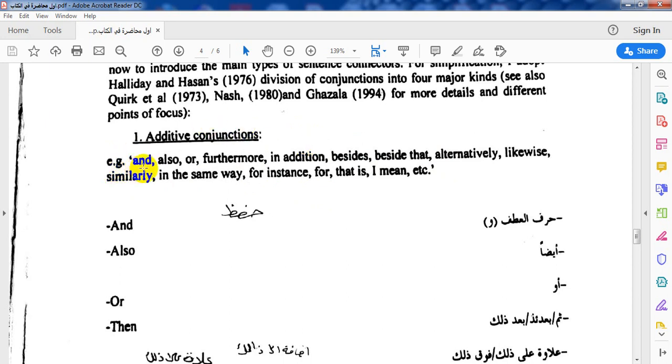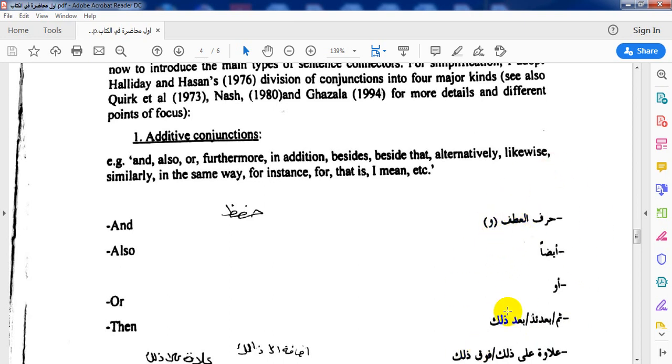For example, we have and, also, or, furthermore, in addition, besides that, alternatively, likewise, similarly, in the same way, for instance, for example, that is, I mean, etc. Yes, we will see them in addition to the translation into Arabic.